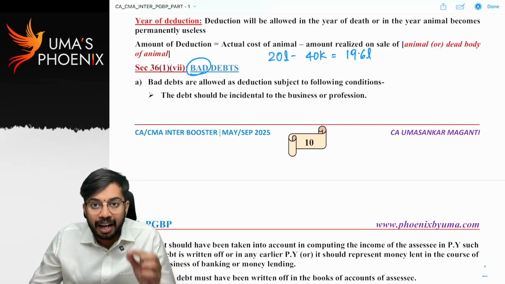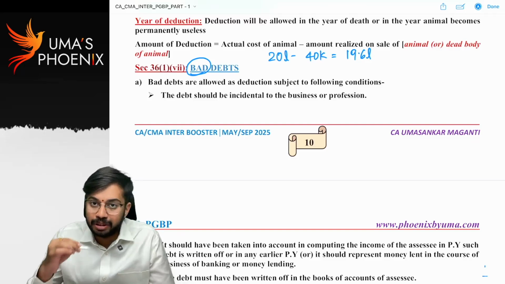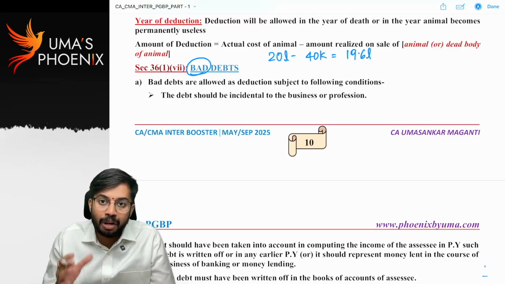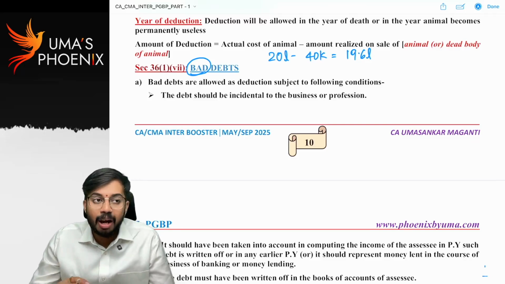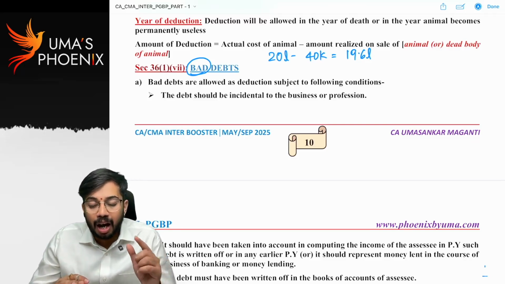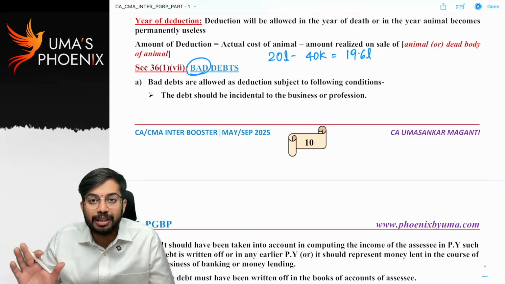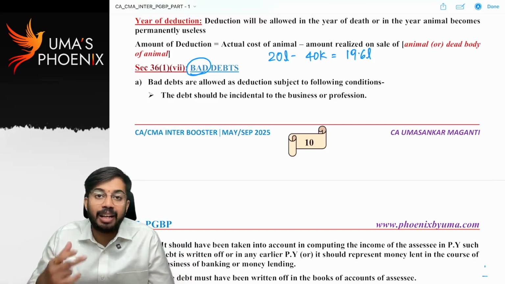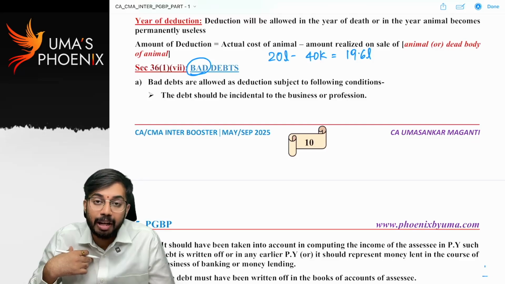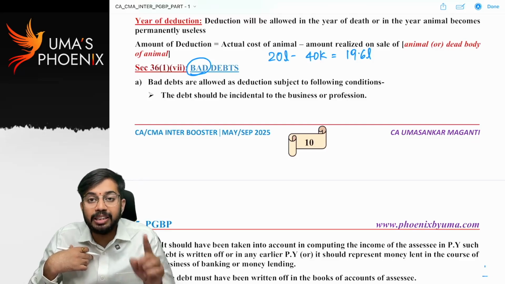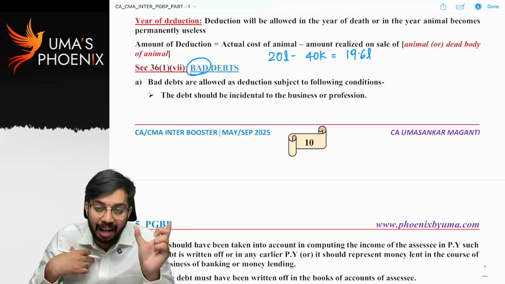I will write the entry: debtor account debit to sales. That means in my P&L account I have recognized the sales. But I have sold goods worth 1 lakh rupees. He paid 40,000 rupees, and the balance 60,000 he is not paying me. Whatever 60,000 he is not paying me, I can recognize as expenditure, because already in sales I recognized 1 lakh income.